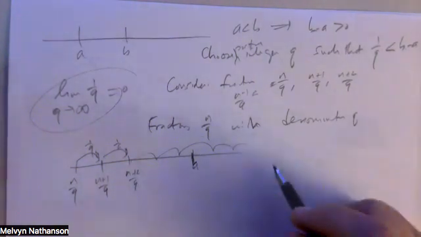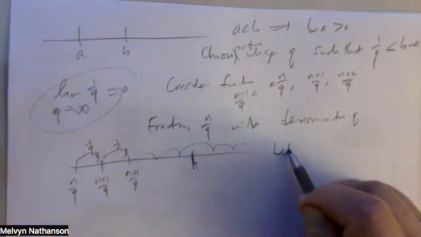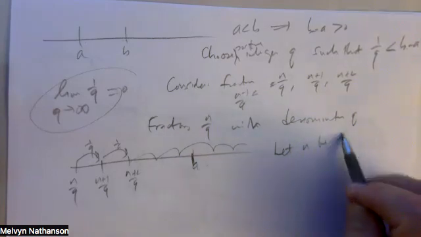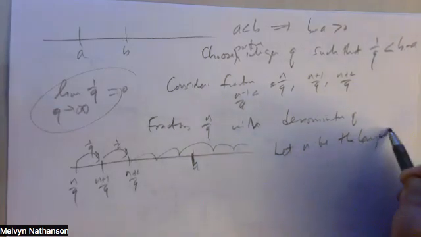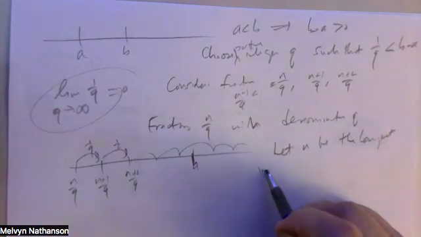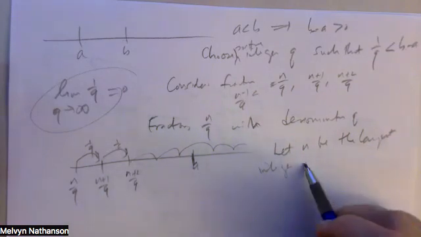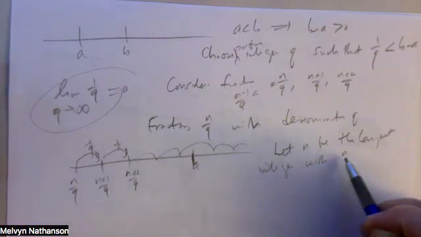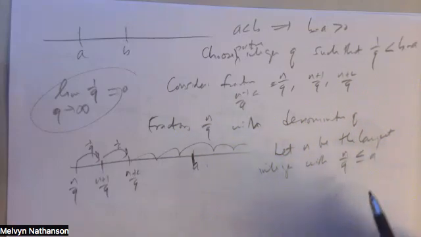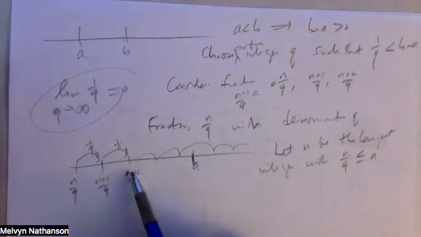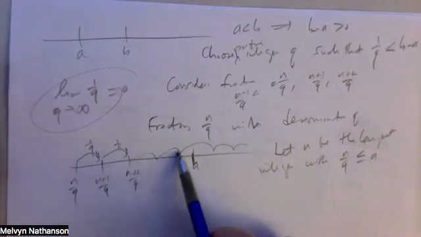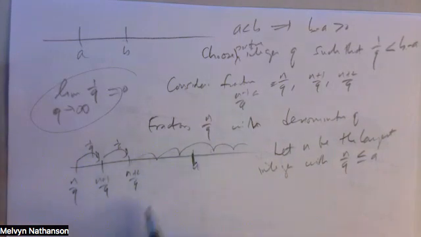So let n be the largest integer with n over q less than or equal to a. These things are getting bigger. At some point, you have to get to a and then go beyond it.